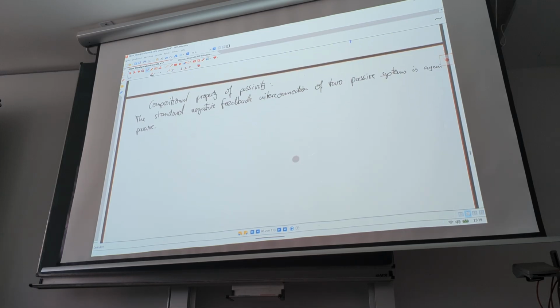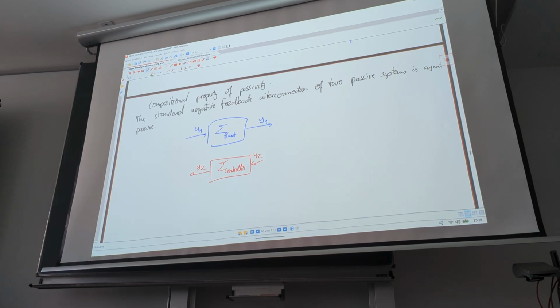And let me just draw the diagram. So if I have, I call this a sigma plant, with an output y1 and an input u1. And now I have a sigma controller with an input u2 and an output y2.